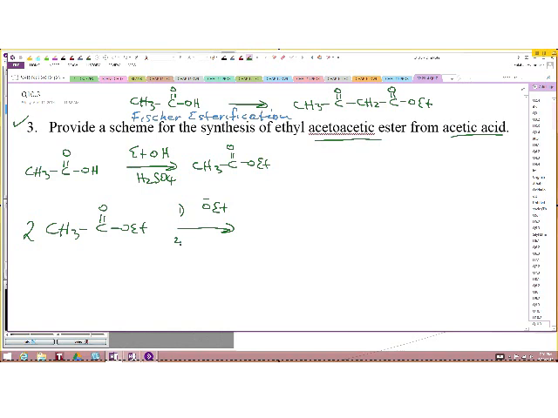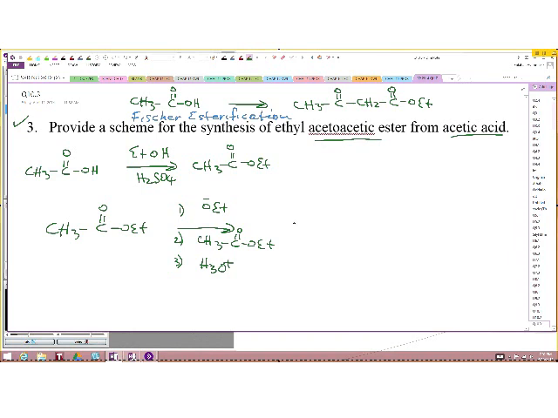Then step 2, nucleophilic acyl substitution. Well, I already have two, so let me put this here. Let me start with one, then the other one will be here. And step 3 will be dilute acid. That's all you need to do here.